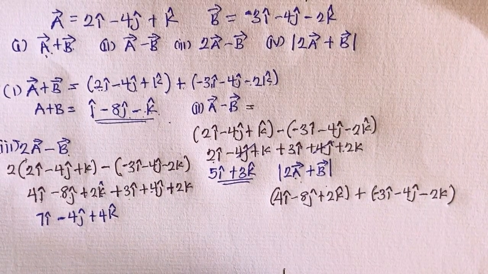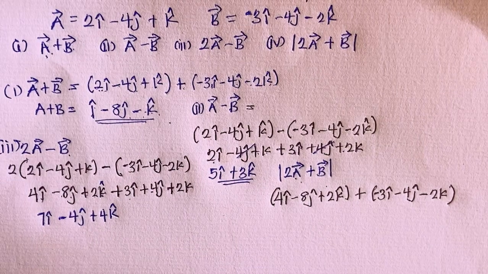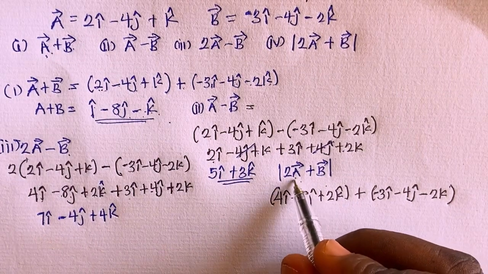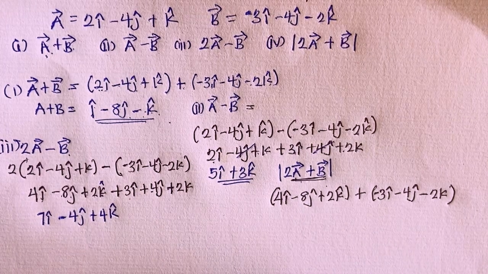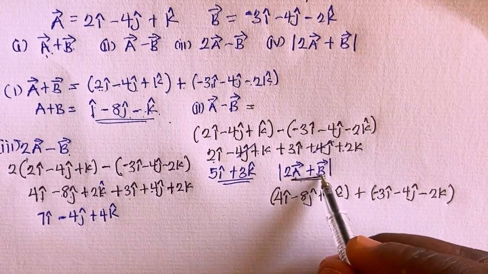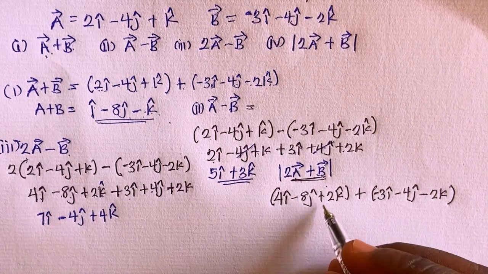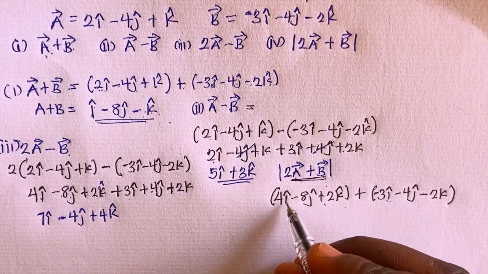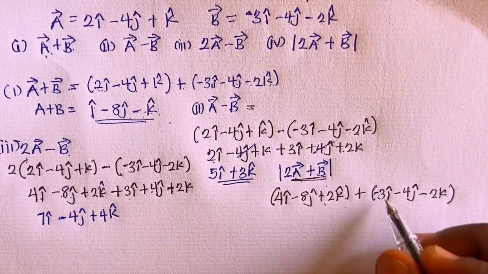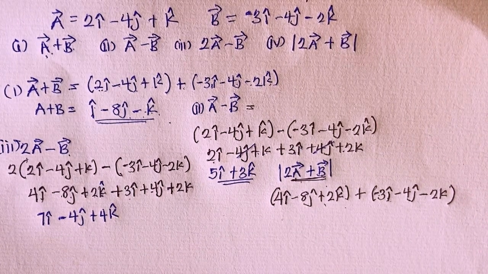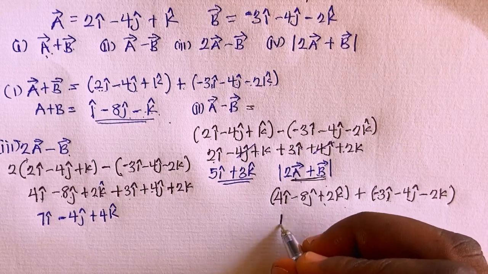So to find the magnitude in this case, I go ahead and solve this first, then I'll take the magnitude. Solving 2a plus b, I will have to add both of them together. I'm having 4i and minus 3i, that's 1i.